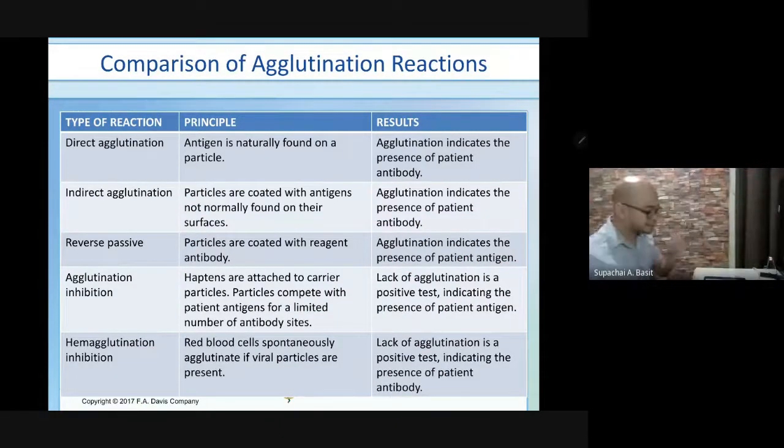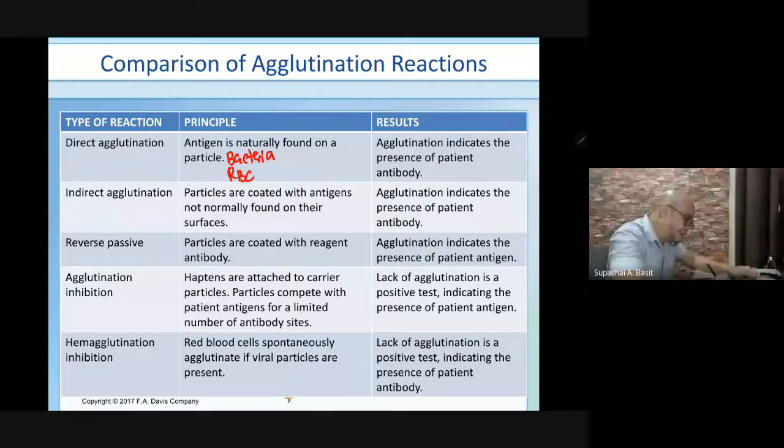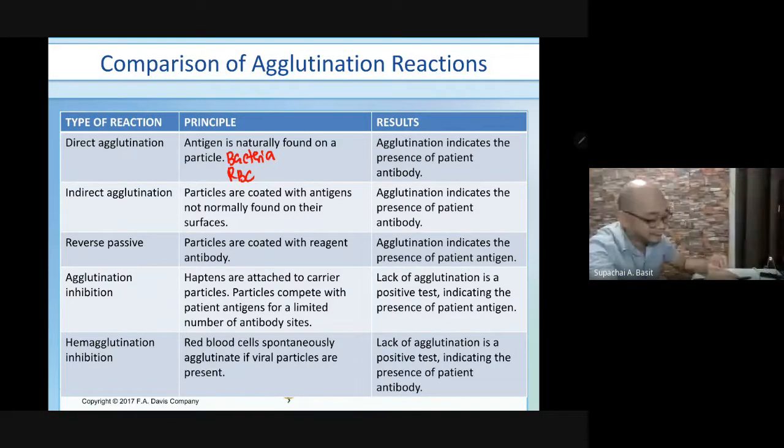Okay, so therefore, to summarize what we had just discussed, direct agglutination involves antigen that is naturally found on a particle, such as bacteria and RBC. Agglutination indicates the presence of a patient's antibody.